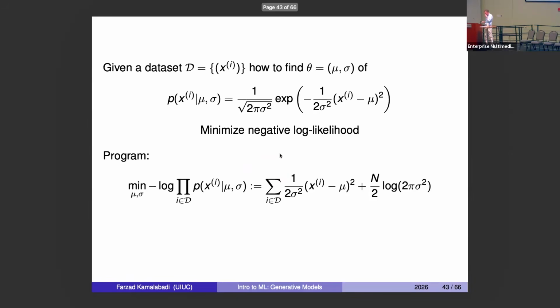And now, given a data set, how to find the parameters? Well, we minimize negative likelihood as we've done all along. And that means we minimize with respect to these parameters, again, making the IID assumption as we've done, the negative log of the product of the individual distributions.